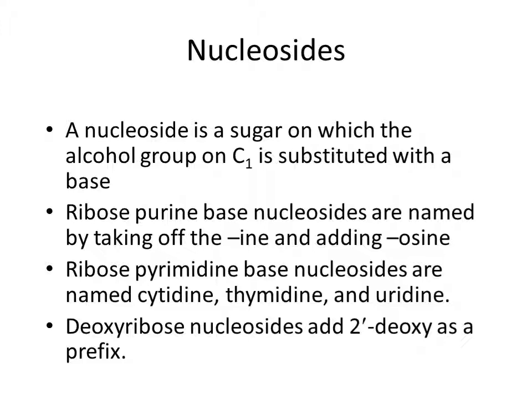If it is a purine base there, then the name of the nucleoside ends in osine. If it is a pyrimidine base there, then we see that the name of the nucleoside ends in idine. If it's a deoxyribose nucleoside, then you see just deoxy in front of the nucleoside name.